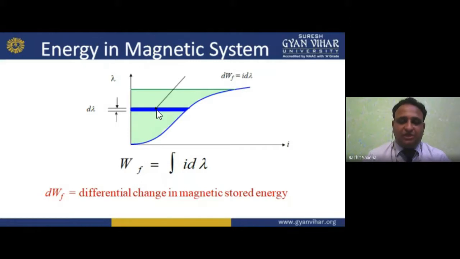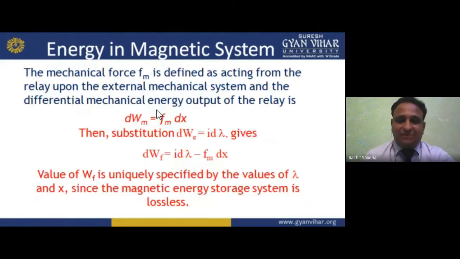In my previous series of lectures, I told you how torque takes place. Due to this torque, it will start to rotate. So the energy in a magnetic system is basically this, and dWf is the differential change in magnetic stored energy. That is what we have in this equation.